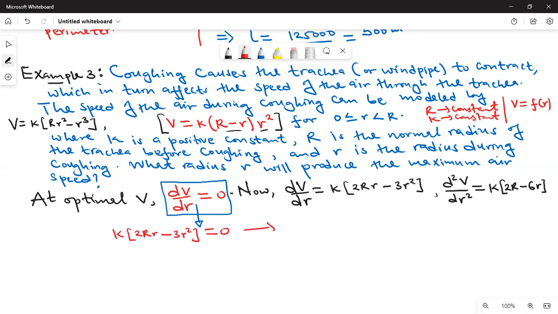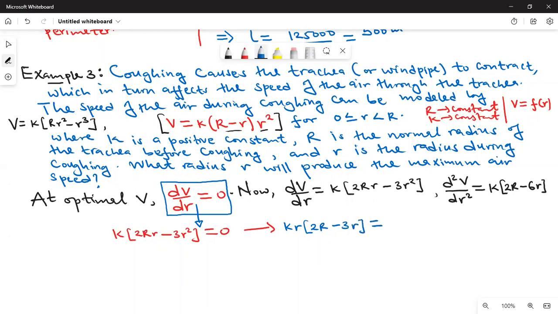This can be written as, because I can see the small r is common, if I factor that out, k times the small r in bracket 2r capital minus 3r.